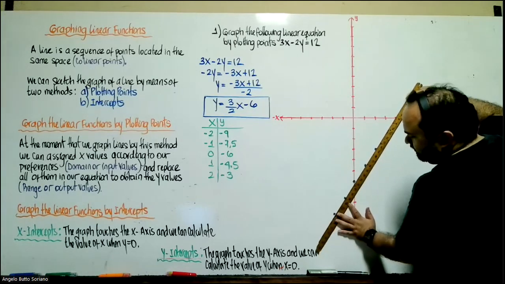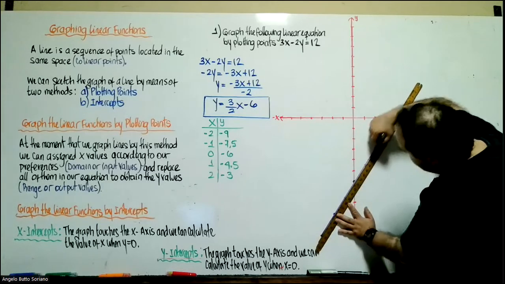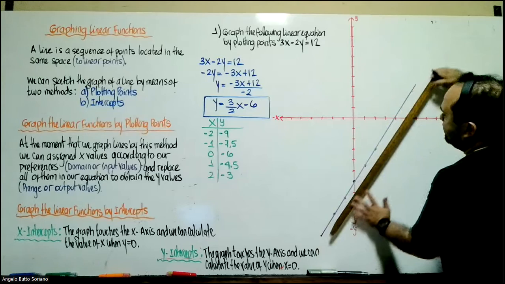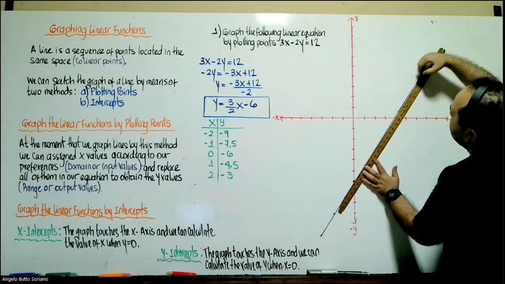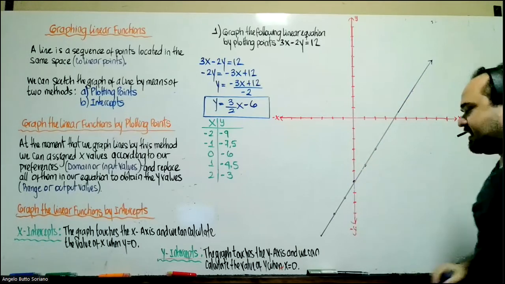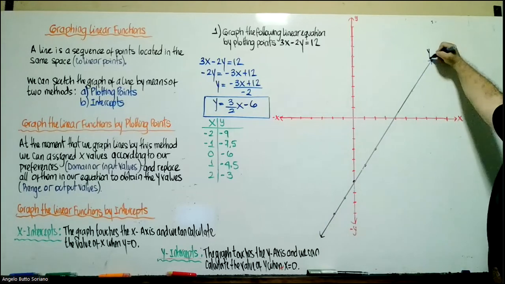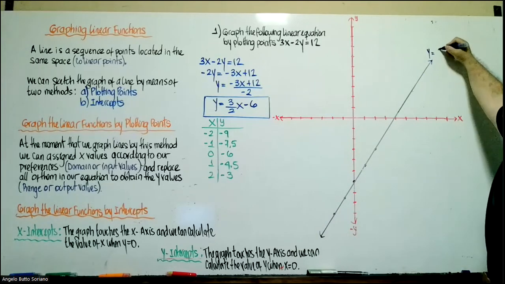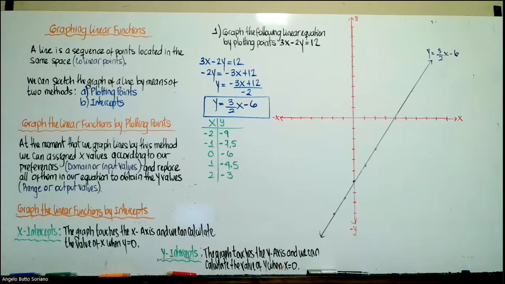It doesn't matter if it overpasses the points, but basically the idea is to create a full line, all right? So this is going to be the graph of the line given by the equation y equals 3.5x minus 6.